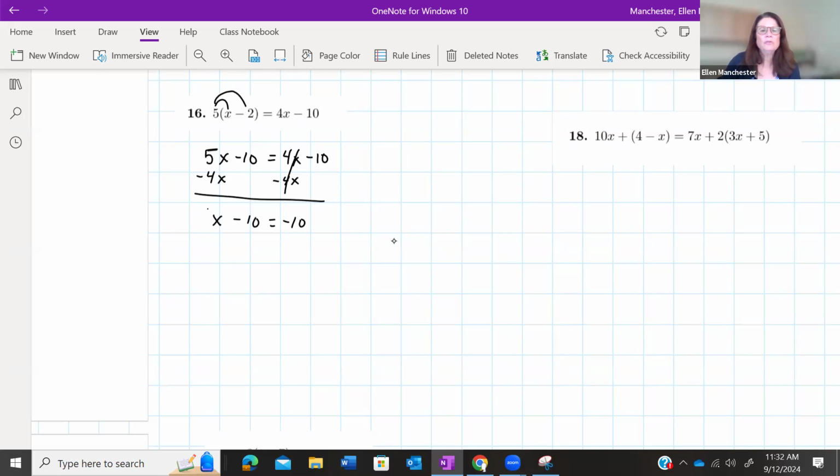You can either write the 1 in front or not, doesn't matter. Usually you won't see a 1 in front, so you have to remember there's a 1. And then I'm going to add 10 to both sides, so I get x equals 0.